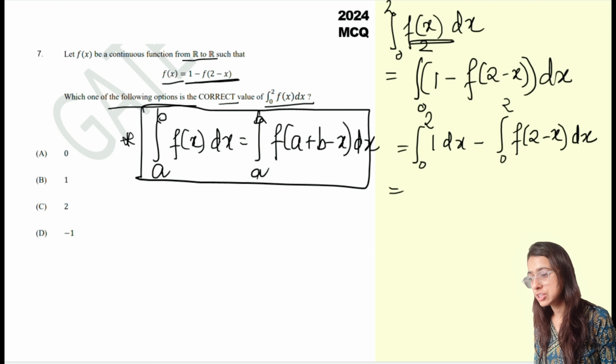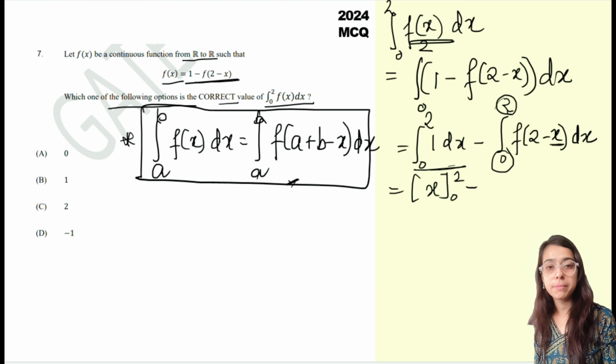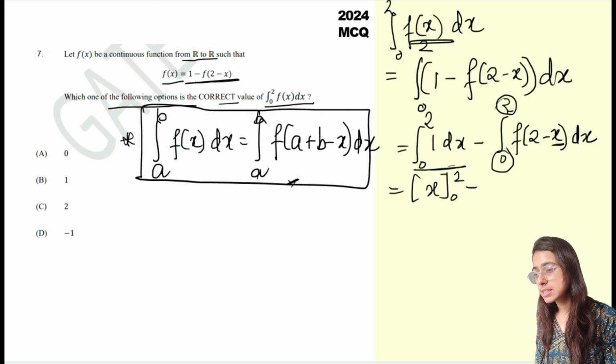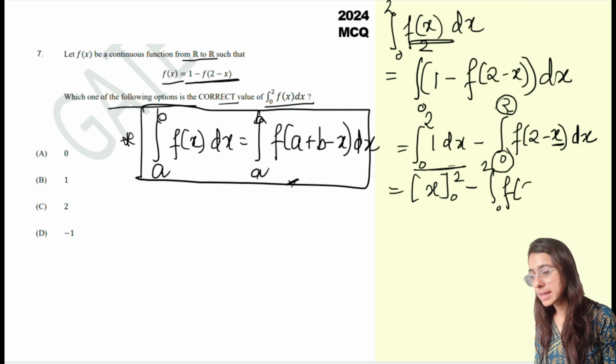यहाँ पर its integration will give you x, limit is from 0 to 2, minus अब यहाँ पर we will use this formula, that is this property. So 0 to 2 मतलब this is a and this is b. तो जहाँ पर x है उसकी जगह पर हम क्या लिख सकते हैं? a plus b minus x. So in place of f of 2 minus x we will write f of 0 plus 2 minus x dx.